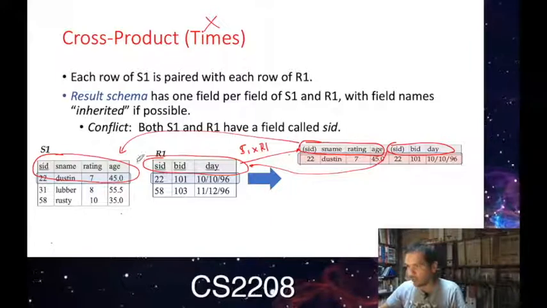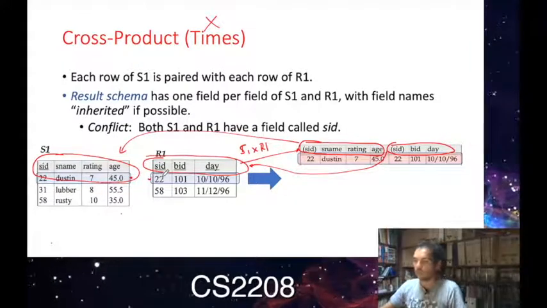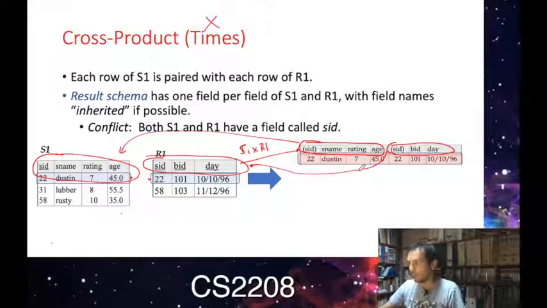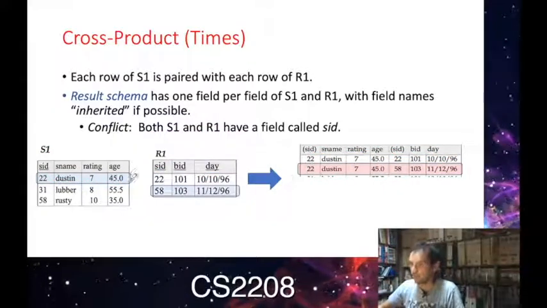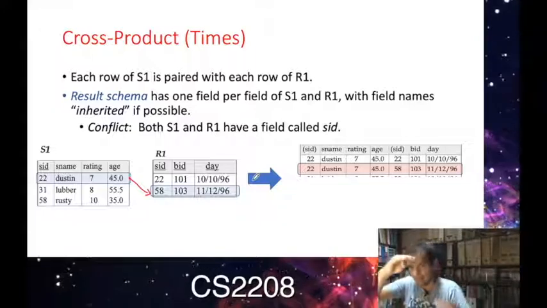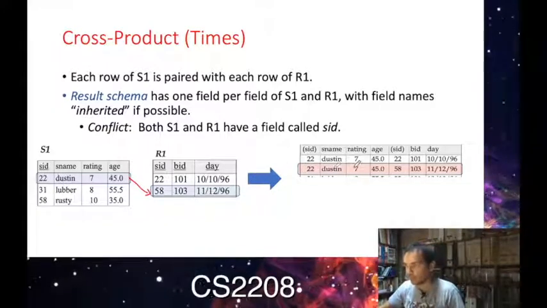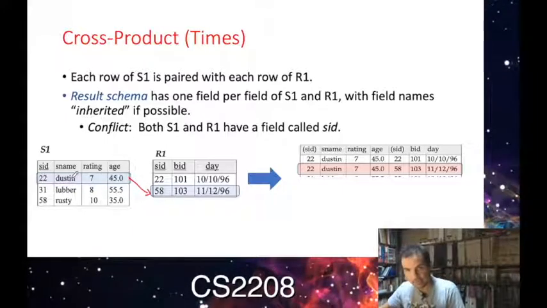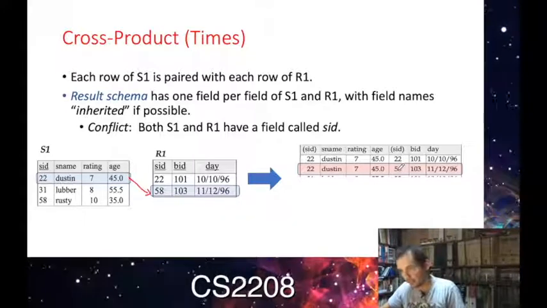So we combine this one with this portion that we have here, 22, 1, 1. Now the second entry is going to be the first one with the second one, and the first one with the third one, and so on and so forth. So we have 22, Dustin, 7, 45, which corresponds to the first entry in the first relation, and the second entry of the second relation.